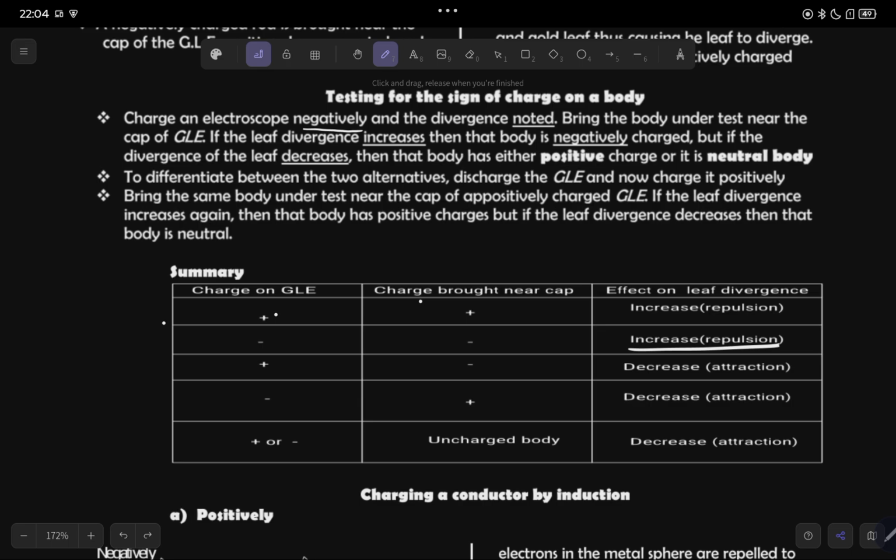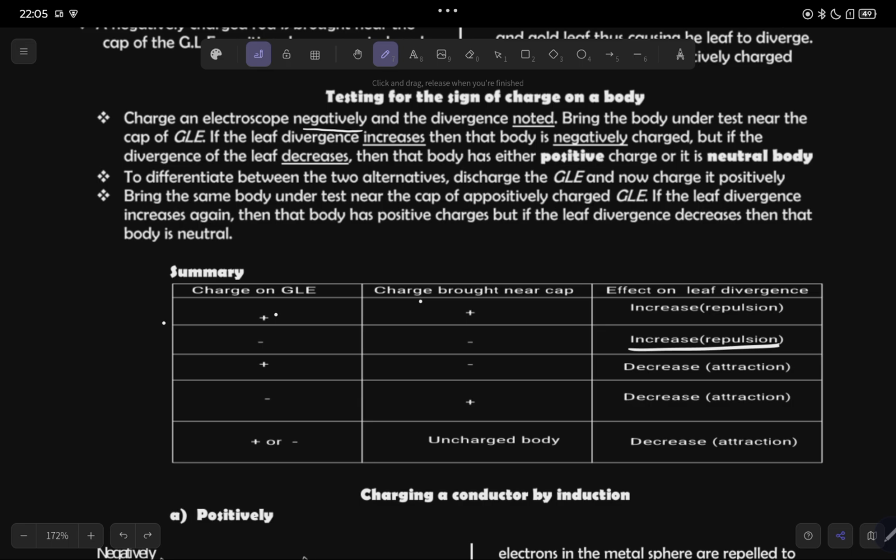So we shall have a massive negative charge on the brass plate and the gold leaf. So the more the charge there, the more the repulsion. So you see more divergence of the gold leaf. So the divergence of the gold leaf implies that the body you are testing has the same charge as the charge you had given the gold leaf electroscope.